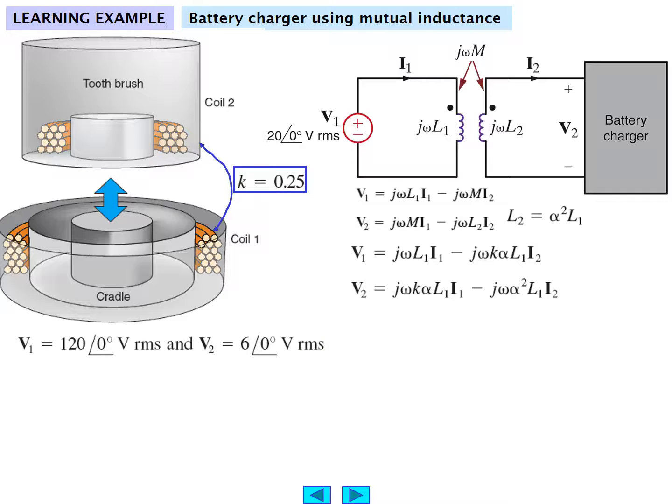V1 is equal to j omega L1 minus j omega k alpha L1, I1, where k is the coupling factor, of course. And we've now introduced the coupling factor, in this case 0.5 as a number, into the equation. And V2 is j omega k alpha L1 I1 minus j omega alpha squared L1 I2.